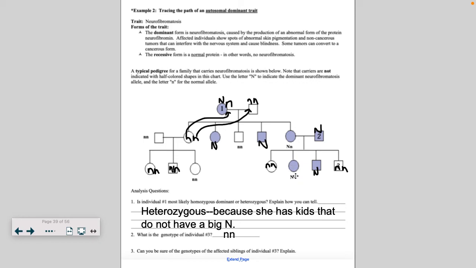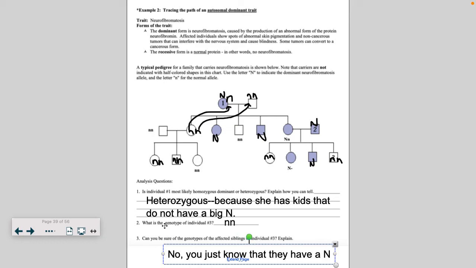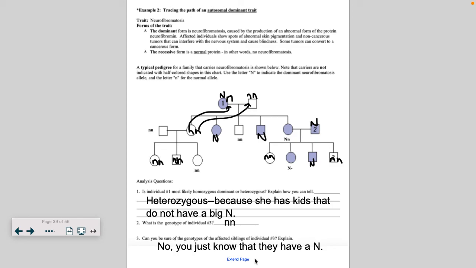So if we take a look at this girl and this boy, we know they have a big N, but can we tell what their second allele is? We don't know this person's genotype. So actually, no, you can't. You just know that they have a big N. You don't know if they're heterozygous or homozygous dominant.